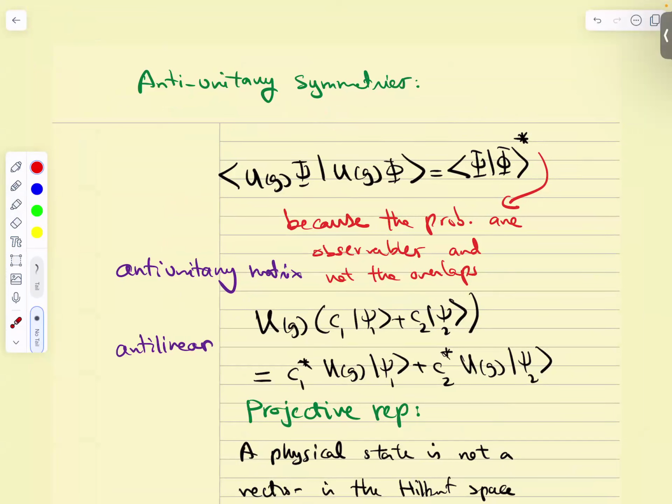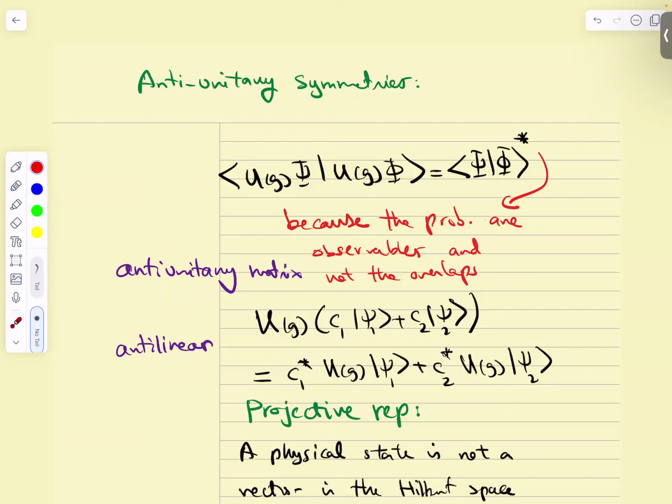What is an anti-unitary? Anti-unitary is defined by that line. You put in U and U dagger in the middle. It gives you identity, but also it gives you complex conjugates in the result. That's an anti-unitary. Now, why is that allowed physically?